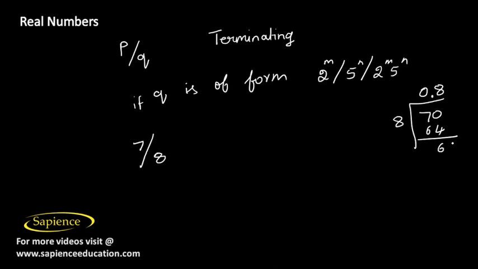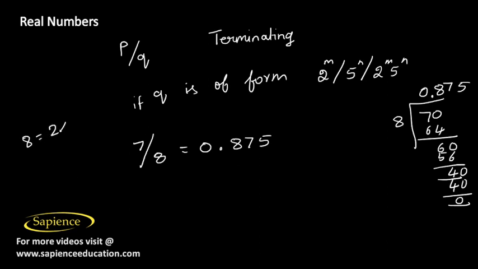Subtracting we get 6 0, 8 7s are 56, 4 0, 8 5s are 40. Now we got a remainder 0, and the decimal value of 7 divided by 8 is 0.875. In this case, the q which we have considered is 8, and 8 can be written as 2 into 2 into 2. So the factors of 8 consist only of 2. So the decimal was terminating.